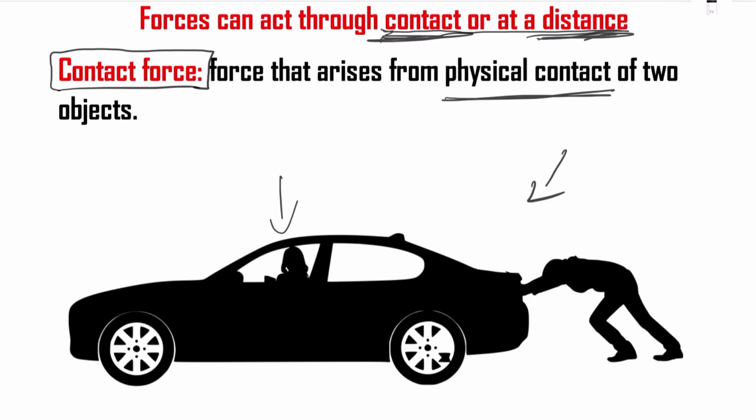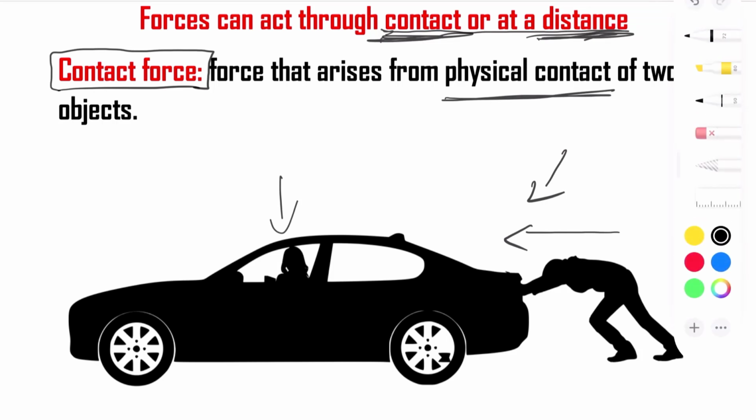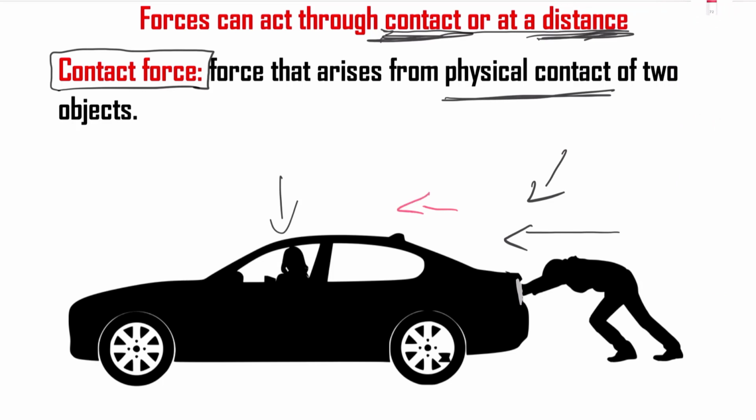Another guy is applying force to the car. Here at this point is their contact point. When they make contact, the guy applies the force, and with this force the car starts moving slightly. In this case, we have a contact, so we call that contact force.